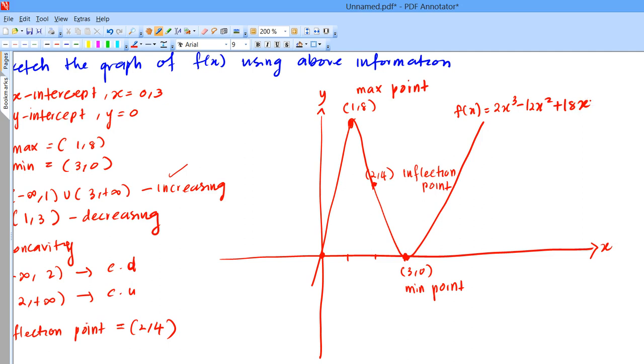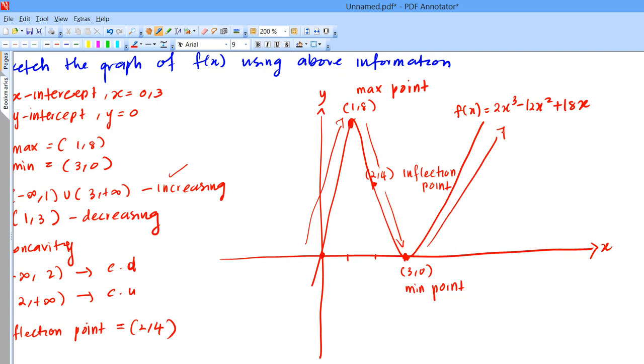Okay, if we see based on increasing and decreasing, from negative infinity to 1, this graph is increasing, and then from 1 to 3 decreasing, and then from 3 to positive infinity, this graph is increasing.